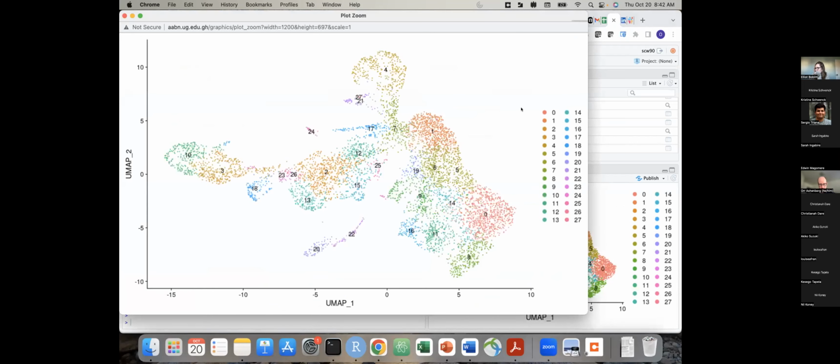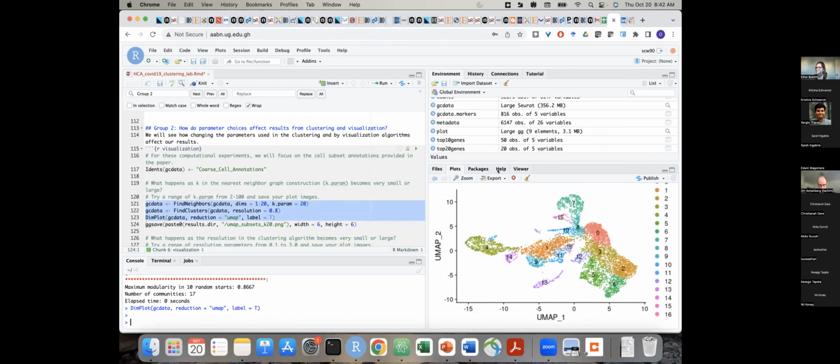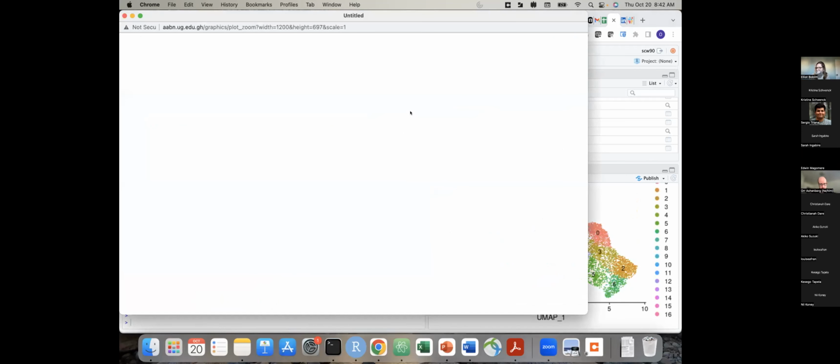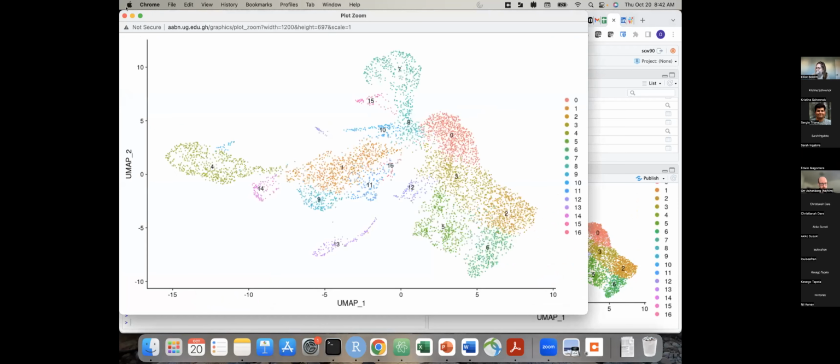You can see that there's like 27 clusters, and that's kind of a lot of clusters. Now let's compare it to when we did the default, which I think was 20. So there we have 27 clusters, and now when we increase the k to 20, we have 16 clusters.